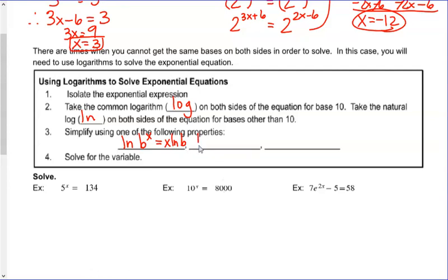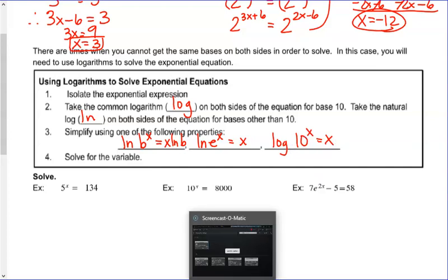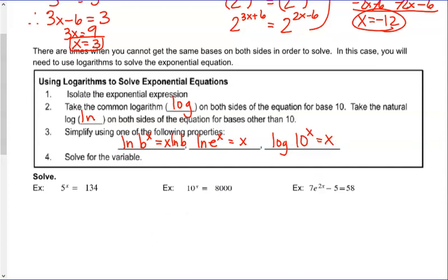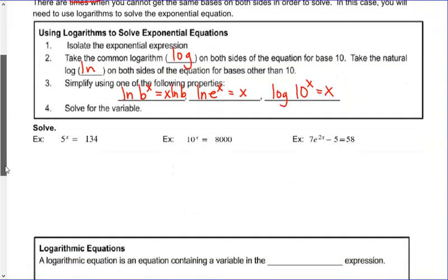I also want to remind myself that the natural log of e to the x, since the base is e here, e to what power is e to the x? It is equal to x. And if I have the log of base 10 of 10 to the x, 10 is the invisible base here, 10 to what power is 10 to the x? It is equal to x.